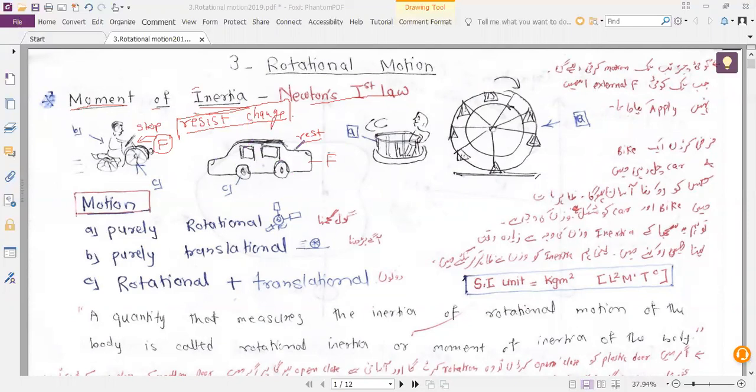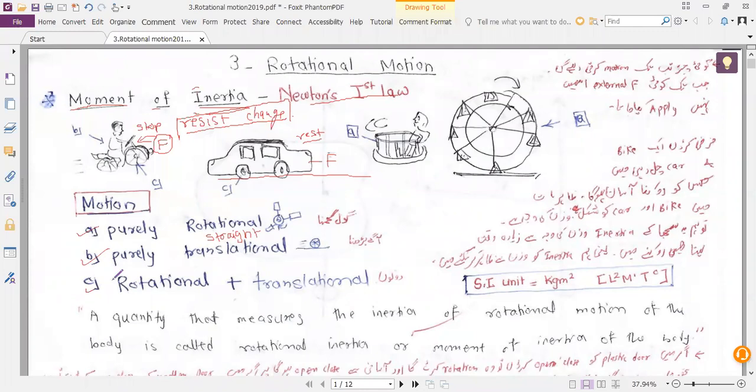In motion, there are three types. One is called purely rotational motion, for example fan motion. The second is purely translational motion, also called straight motion, for example a car moving on the road and covering a particular distance, correct?